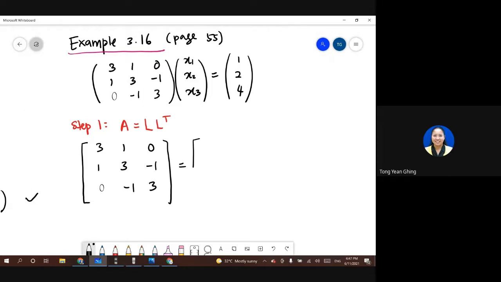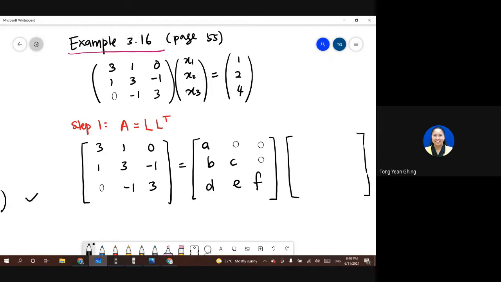It becomes a lower triangular matrix with zeros above the diagonal and entries A, B, C, D, E, F. Then we transpose it, so rows become columns: A, 0, 0, B, C, 0, D, E, F.